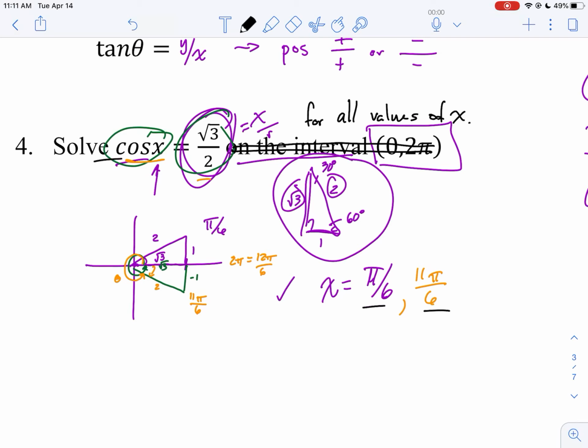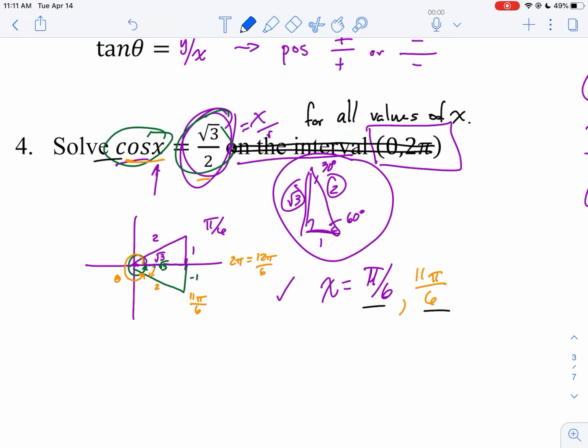We don't actually need that. It could just say solve, and then we've got two solutions, but we need to give all the solutions. Now, what does that mean to find all of the solutions here? Well, I actually listed one earlier and mentioned it right here, right? If I go backwards, that would be negative pi over 6. That would be a solution.